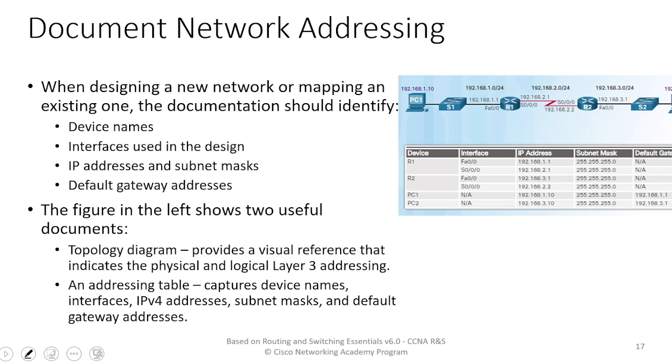Then when we think about networking and network addressing, we can document our network with a number of different pieces of information. Say if we take this network as an example, we have a number of different devices in the network.